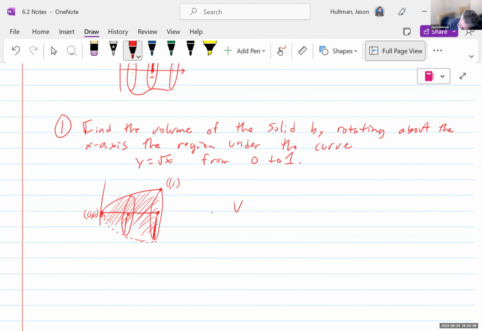The volume is going to be equal to the integral along the x direction from 0 to 1, with the pi in front: pi times the integral from 0 to 1 of f of x squared. So that's radical x squared.